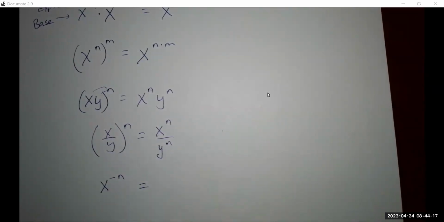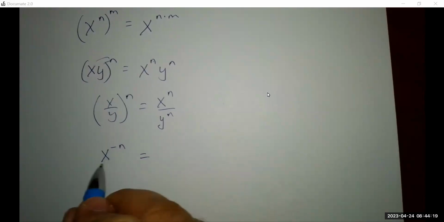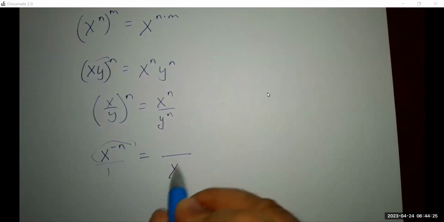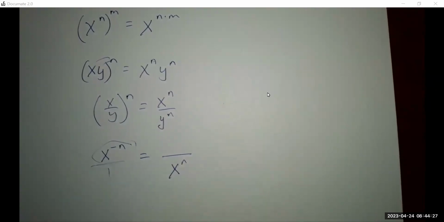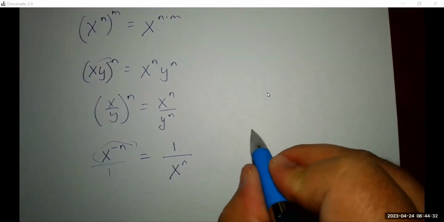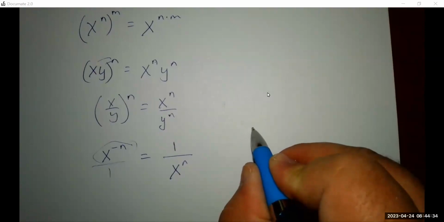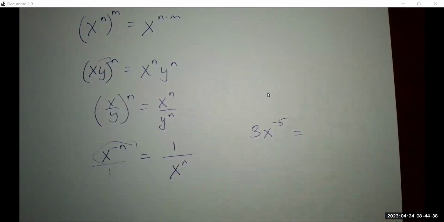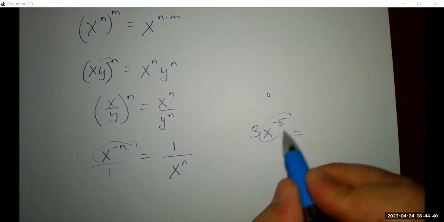A negative exponent doesn't make the number negative. All it does, because right now this number is over 1, what this says is move this whole number to the bottom, to the other side of the dividing line, and drop the negative. So if I had 3x to the negative 5, the only one that's negative is this one.